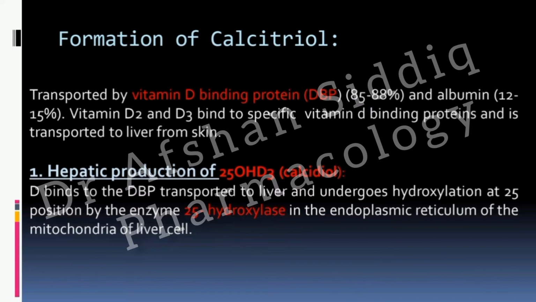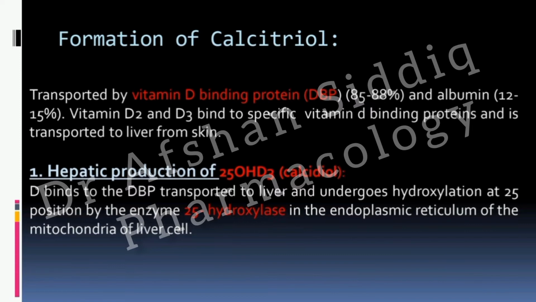Just write it in the simple form: 25-OH-D3. It is the short form, which is also known as calcidiol.